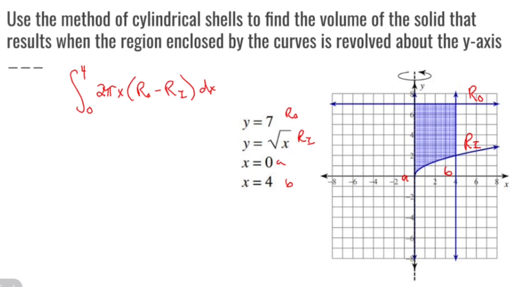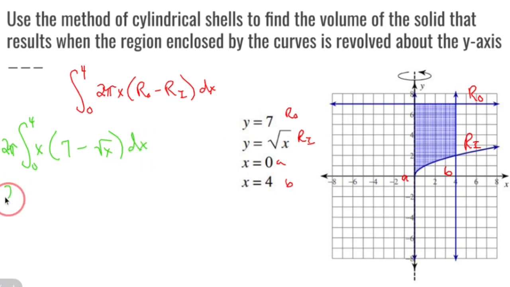We have 2 pi out here, keep x right there. Lower limit's 0, upper limit's 4. Parentheses RO, my upper guy is y equals 7, so we'll just do 7 minus RI, which is root x, close it, dx.